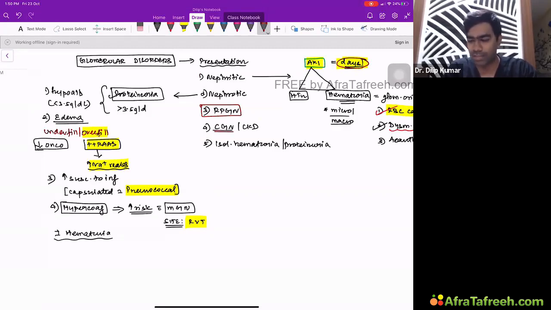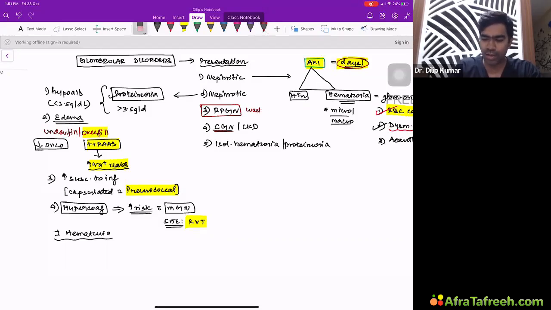But RPGN is something in between acute and chronic glomerulonephritis. Many students think that rapidly progressing means it happens within a few hours. No, not like that. It happens in a time frame in between acute kidney injury and chronic glomerulonephritis, which means it might happen over a period of weeks. That's what I want to tell.